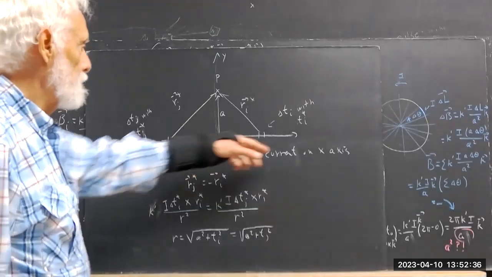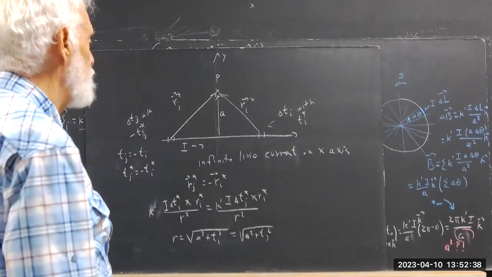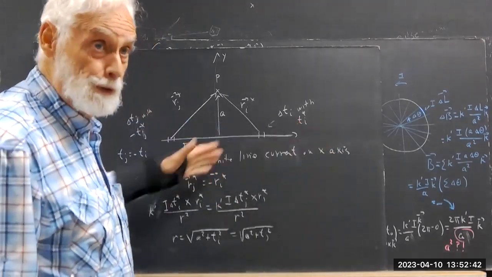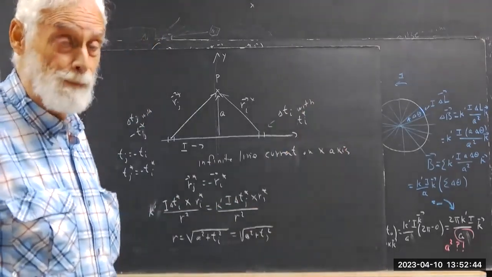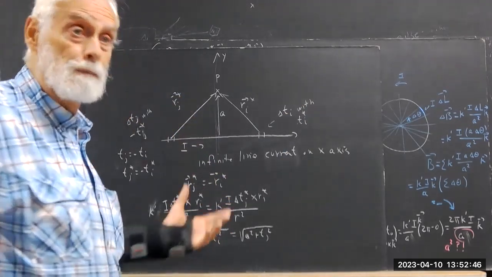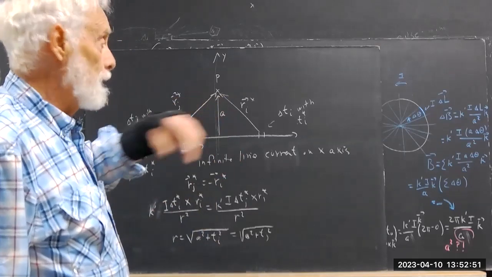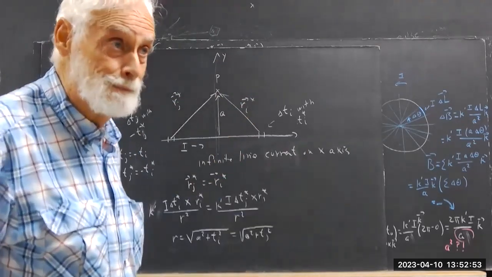R squared is a squared plus t_i squared. And, you know, it probably would have been better off using delta x because it is on the x-axis. But I had t in my head. So we can use anything we want for the parameter. At any point, you say, okay, let's let our t_i's be x lines.